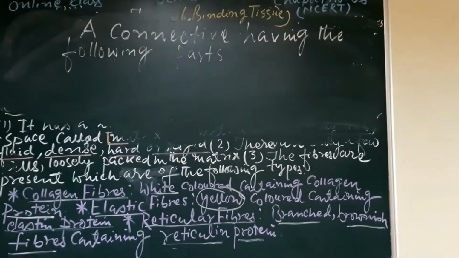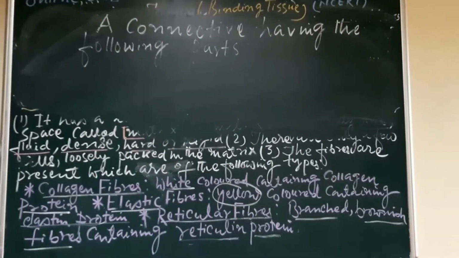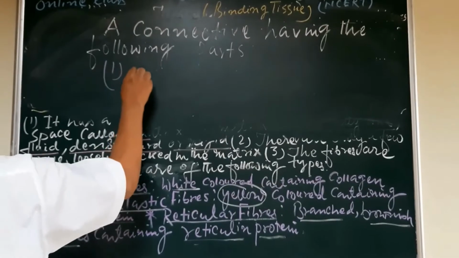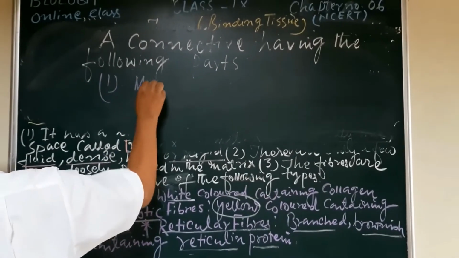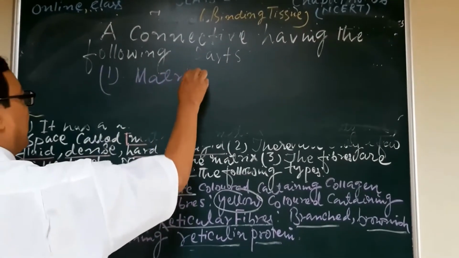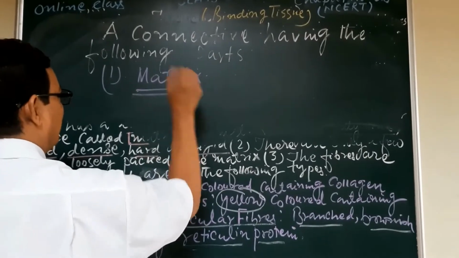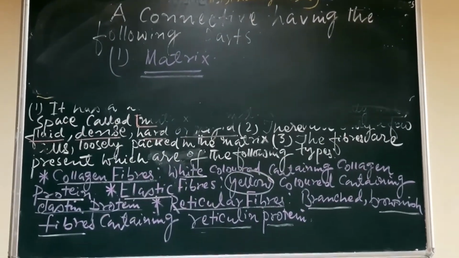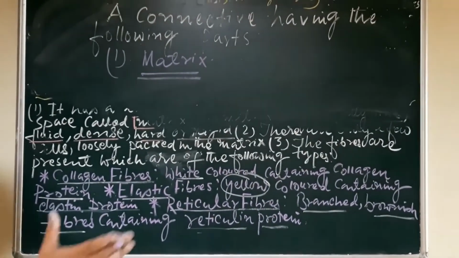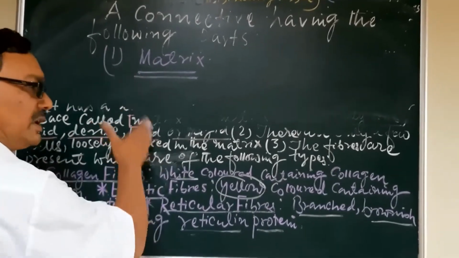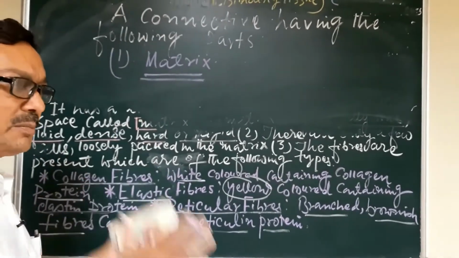To summarize, what are those parts? Number one, like we have seen, matrix. In each and every type of connective tissue, there is the presence of matrix, in which the cells of the connective tissue are embedded, scattered, and may be packed.